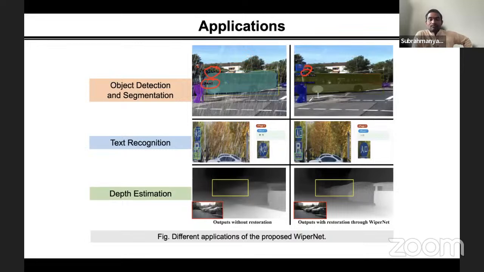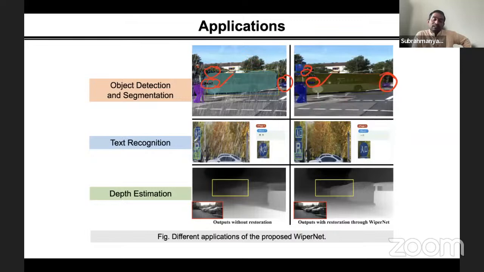But this one, even this is 99%, where here it is 79% only. So results-wise it is improved significantly. And here nothing is detected, but here you can see it is detected because of visibility restoration. And similarly text recognition.